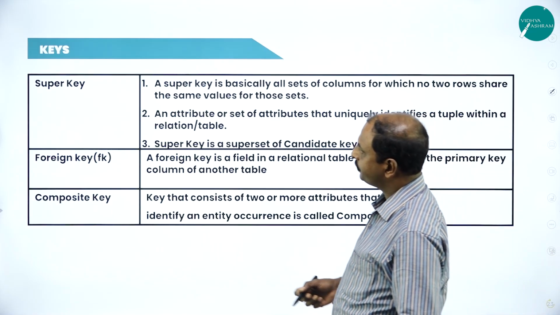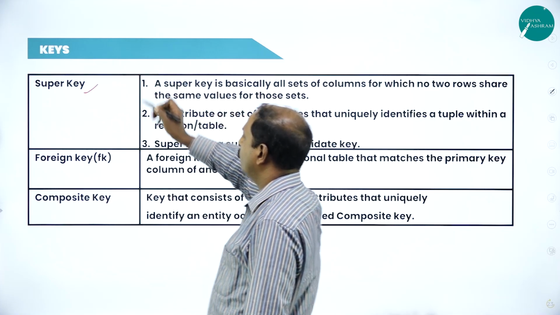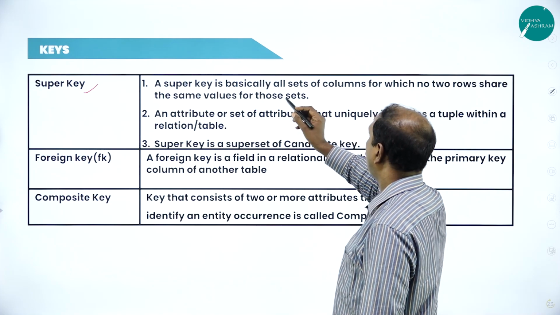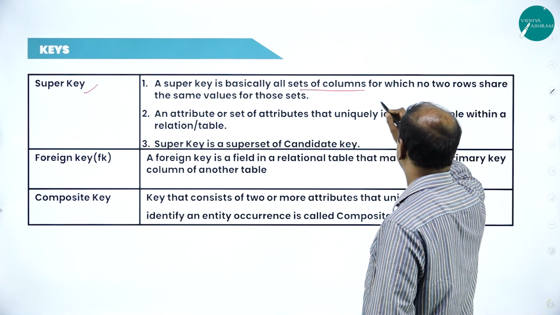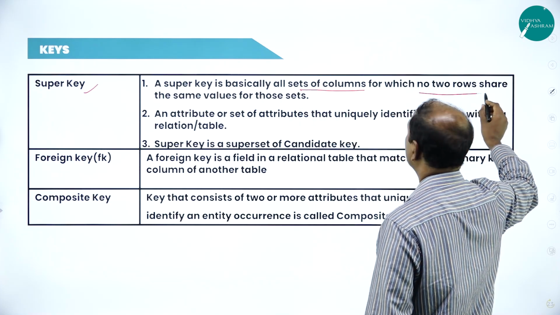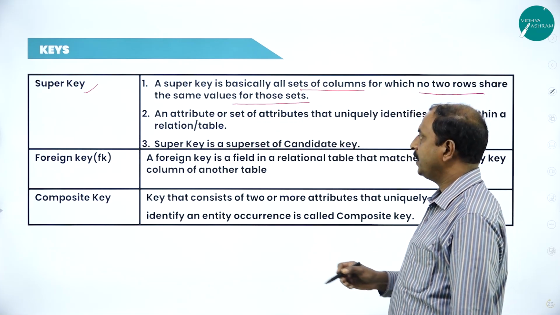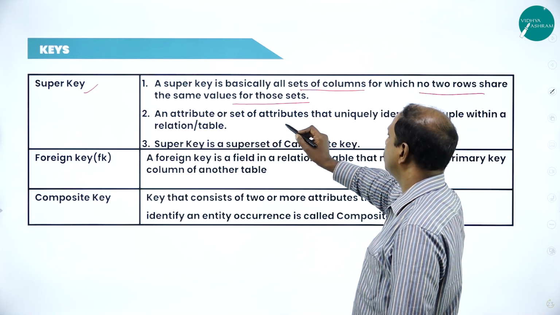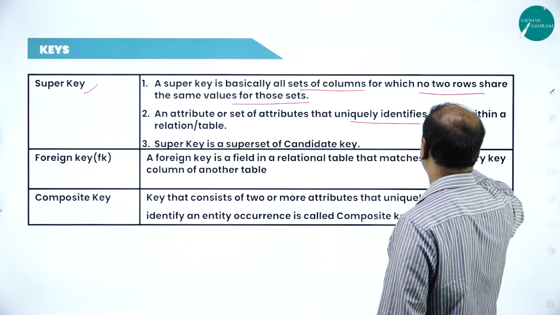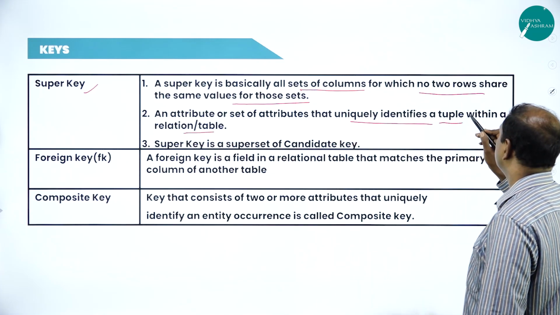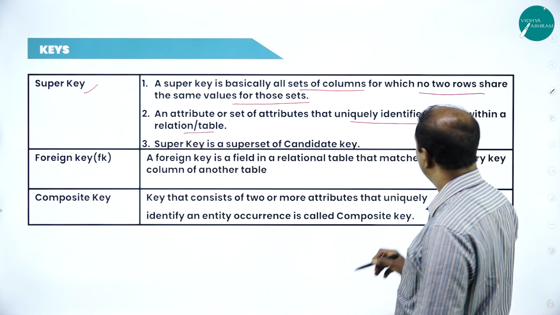Now next one is super key. What is super key? A super key is basically all sets of columns for which no two rows share the same values for those sets. It is an attribute or set of attributes that uniquely identifies a record in a table. A tuple is nothing but another name for a record.